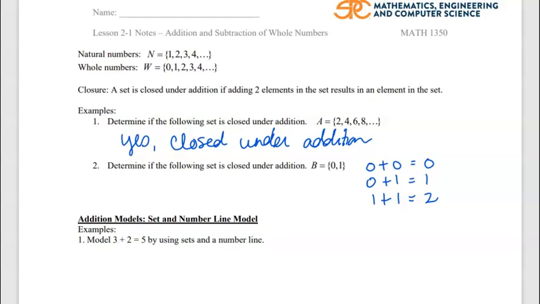You have to consider adding any two elements of the set, even the element to itself, that has to be considered. And so when I ask myself, are all of the answers to these addition problems in the set, I can quickly see that 2 is not an element of the set. And I would say, no, this is not closed under the operation of addition.